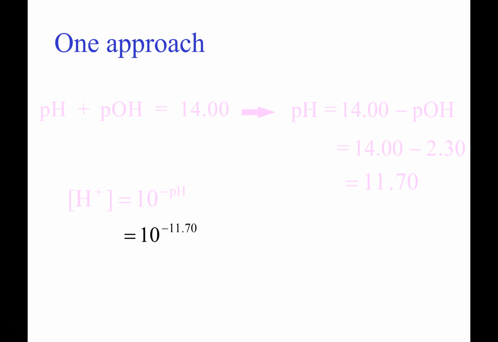If you plug that in, 2 sig figs, 2.0 times 10 to the minus 12. 10 raised to the negative 11.7, right? I keep getting 1.16.